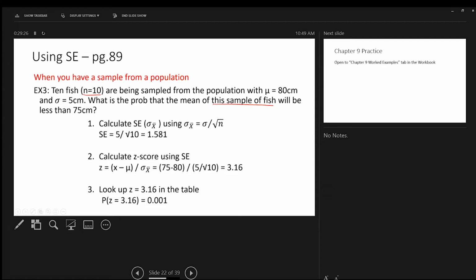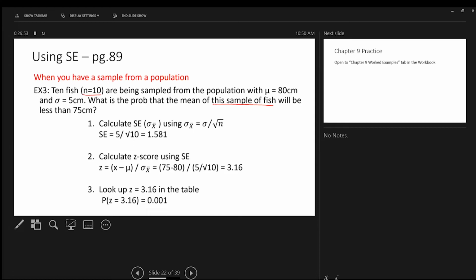For having such a small sample, it's actually very unlikely that the sample mean would be less than 75 centimeters. It'd just be very unlikely.